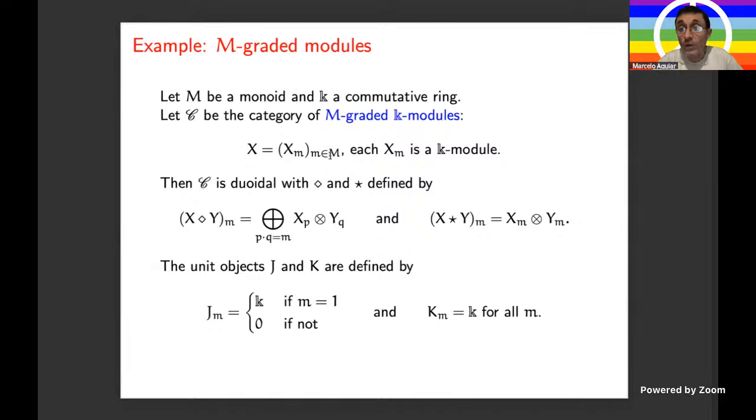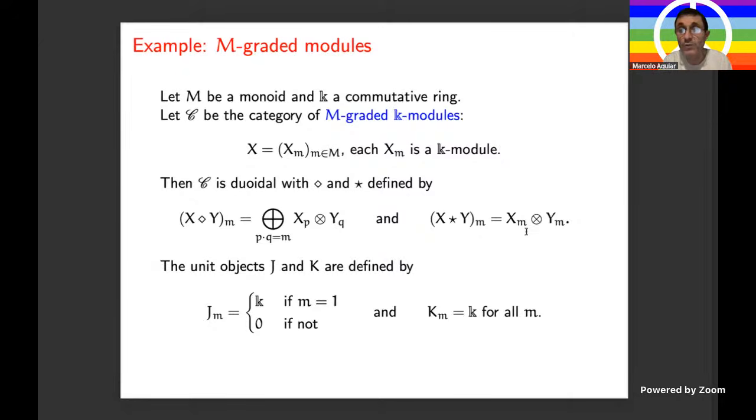This category is duoidal. There are two natural monoidal structures on this category. One is this type of Cauchy product in which you form this convolution, this direct sum over all ways of decomposing an element little m, and that defines the component of degree little m in the diamond product of x and y. For the star product of x and y, you want to define the m component, and you just take this diagonal product. Both make sense.